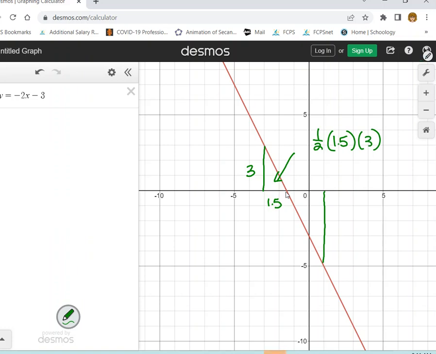And this triangle would be 1/2 times 2.5 across and 5 down. And like I said, we'd count that as positive and that as negative, and that's how we would get that area.